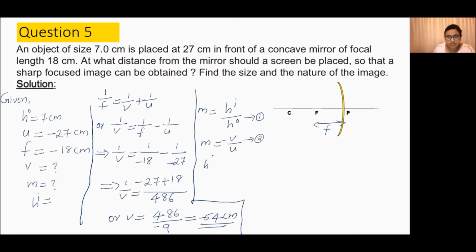So HI by H naught gives you minus V by U, or HI, which is equal to minus V by U times H naught, which is equal to minus of minus 54 divided by U is minus 27 times 7.